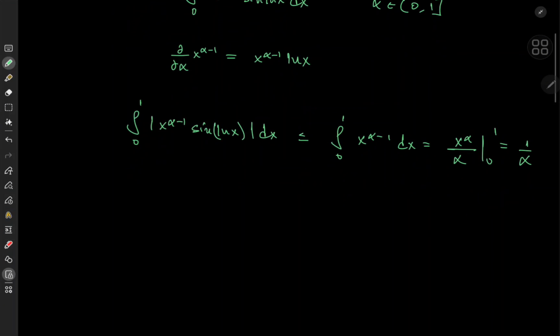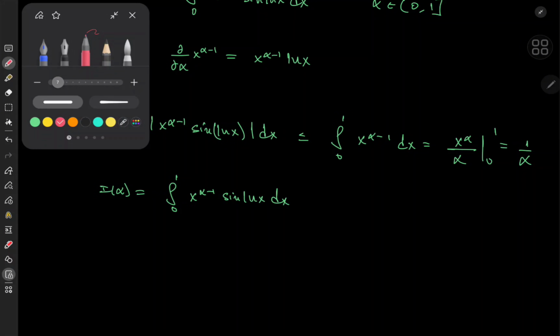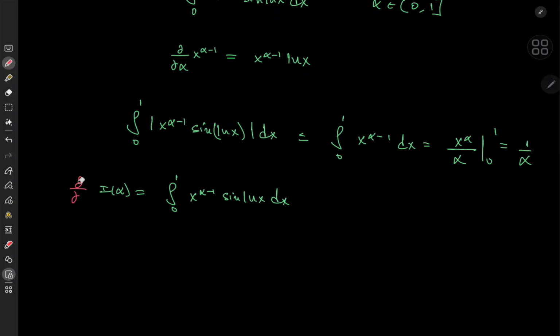differentiate. So by that plan, we'll write out I of alpha again, integral 0 to 1, x to the alpha minus 1 times the sine of log x dx. We differentiate this thing with respect to alpha with a total derivative.